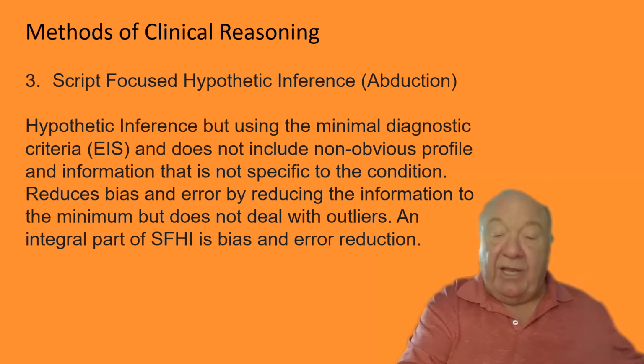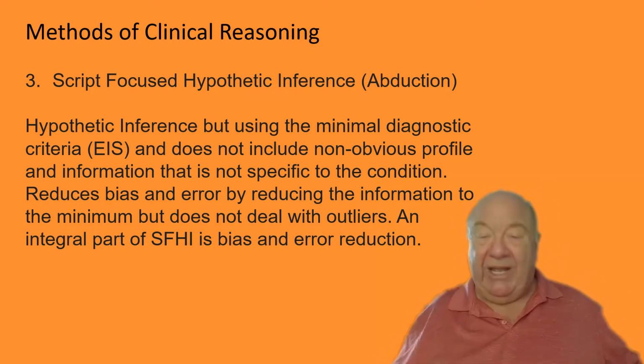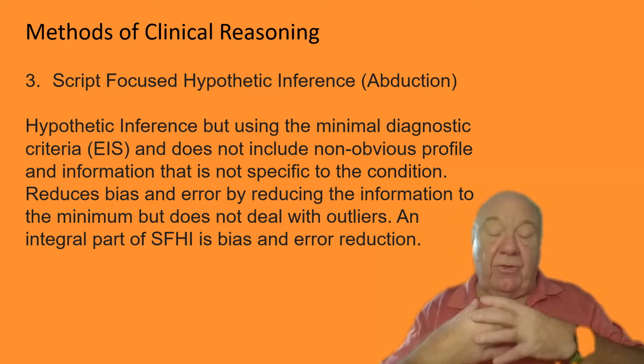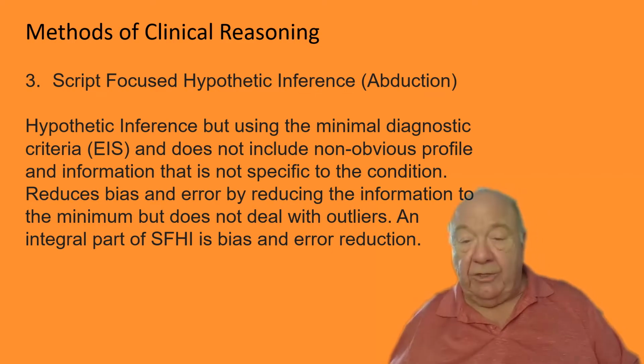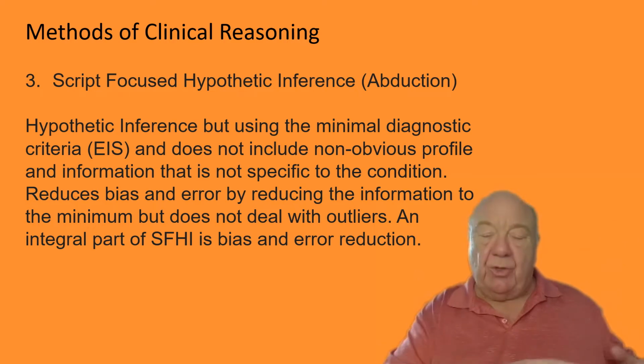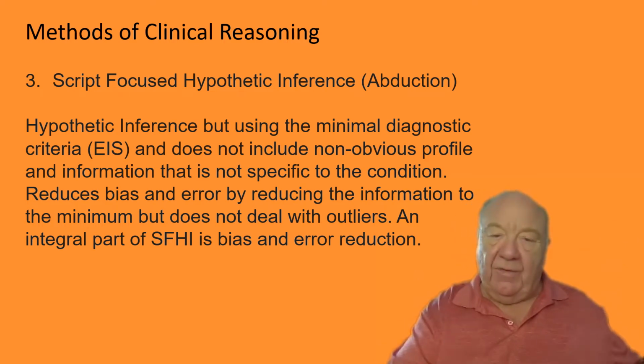In fact, you're eliminating availability bias, and you've eliminated confirmation bias, the two biggest ones out there. So this will reduce bias and error. It takes the stress off you from asking every single question you think about. More importantly, it takes the overwhelming nature of all this information, leading you to anchor onto something familiar.